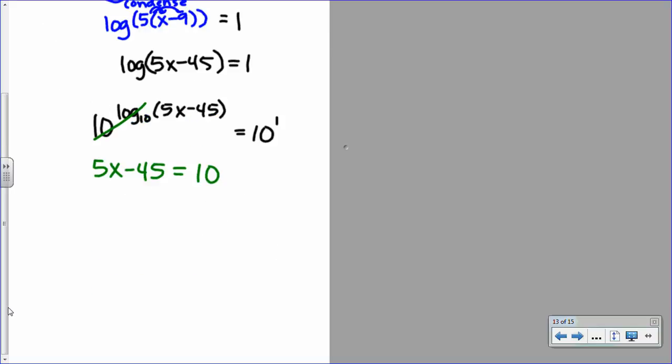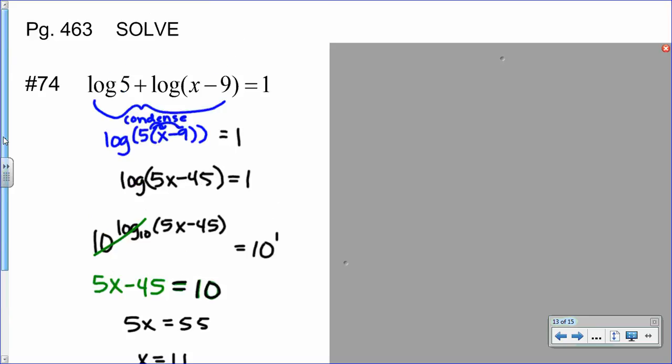All right, now solve. So add 45, divide by 5, you get 11. Plug 11 back in for x. 11 minus 9 is 2.